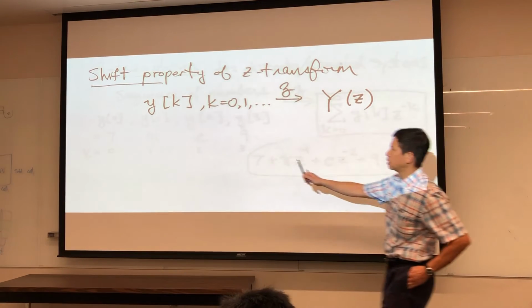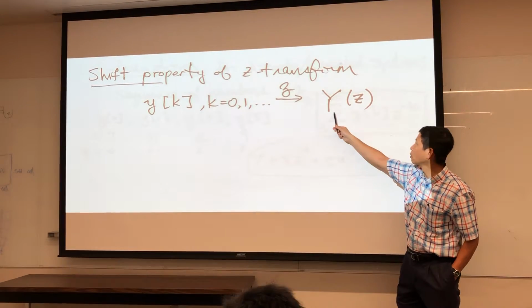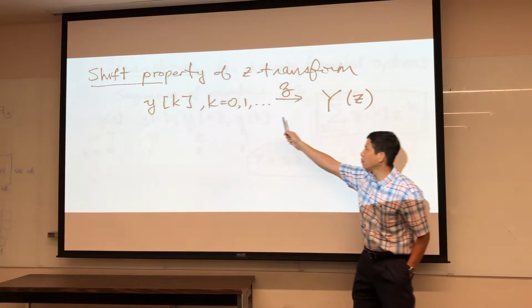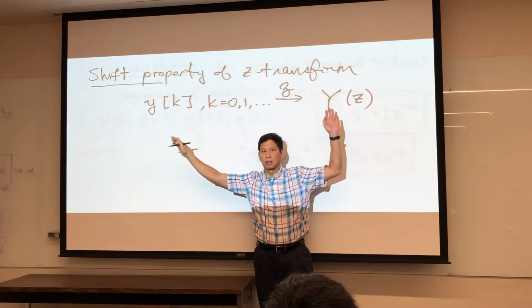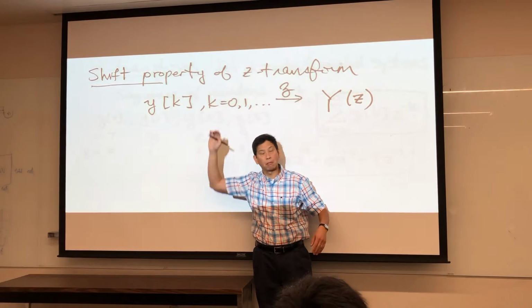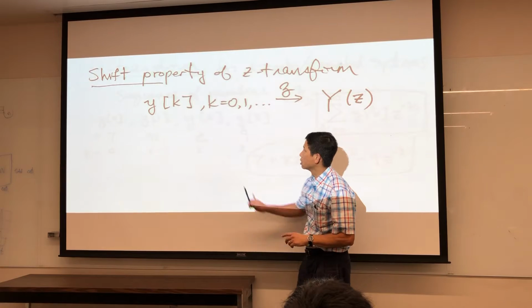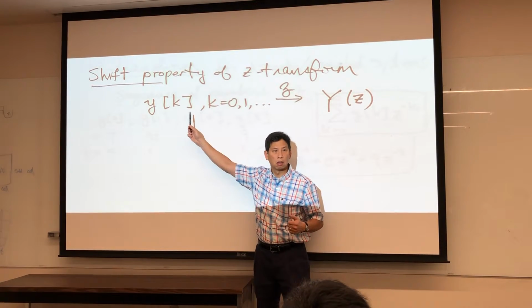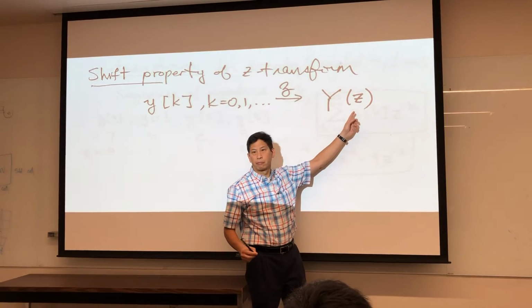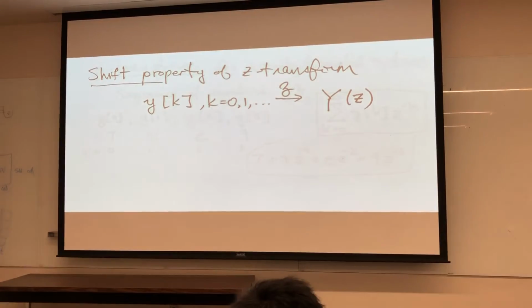This was in time, little y. This is in the new language, capital Y. It's still the same thing, but this is a discrete sequence of numbers. This is going to be the transform of those numbers. This is indicating sample indices. Okay. This is some operator, z. So the notation is going to be called Y of z.